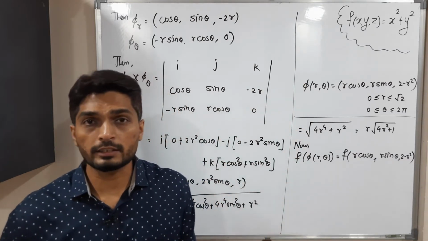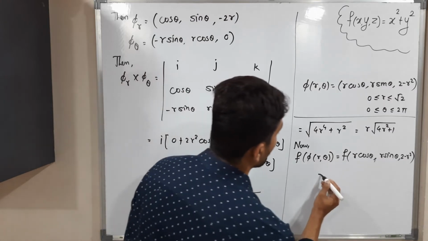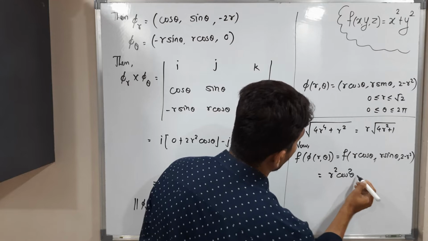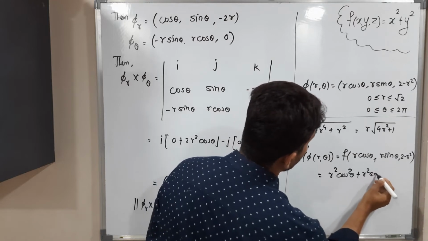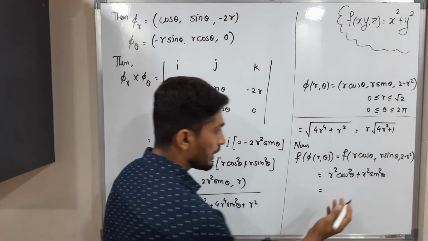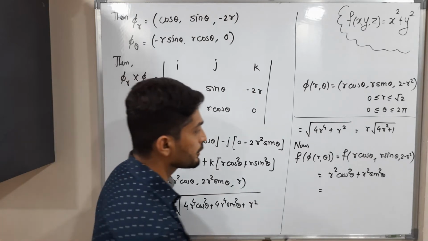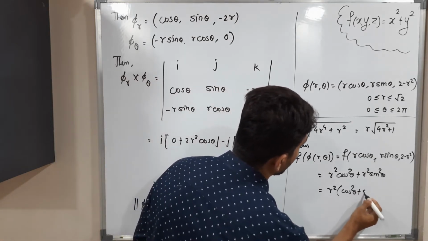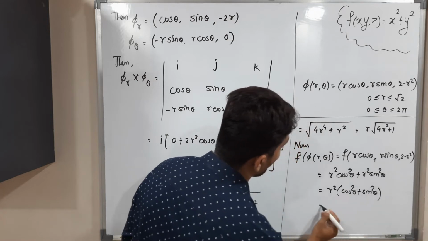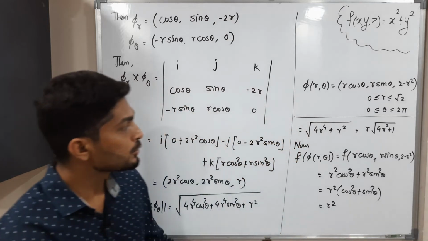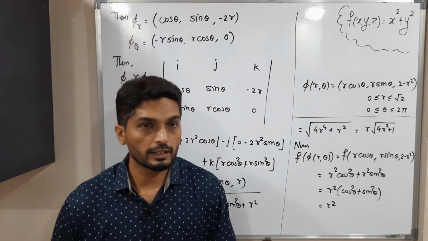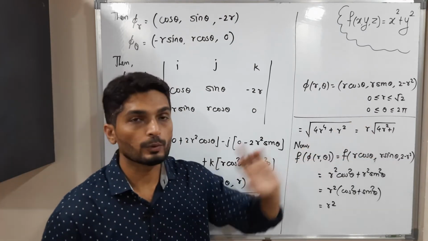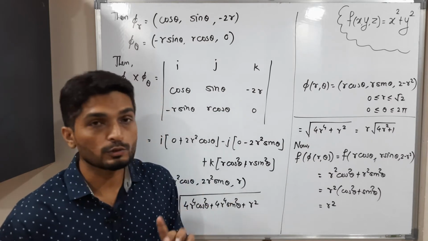We don't need to consider the third component. So this is equal to r square cos square theta plus r square sin square theta. Again we can take r square common. If you take r square common, we will have in the bracket cos square theta plus sin square theta, which is 1. So that's why r square. In this way we got f of phi of r theta is r square, and the value of the norm is r square root of 4r square plus 1, right?